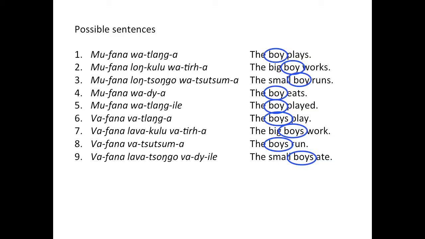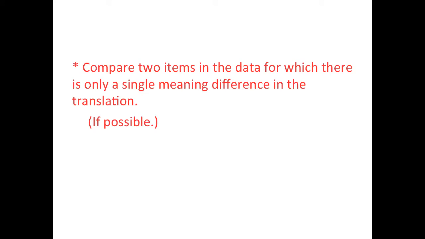Usually when I advise how to approach problems like these, I say that the best thing to do is compare 2 items in the data for which there is only a single meaning difference. We would then expect that there will be a single difference in the Tsonga sentences and associate the difference in form with the difference in meaning.